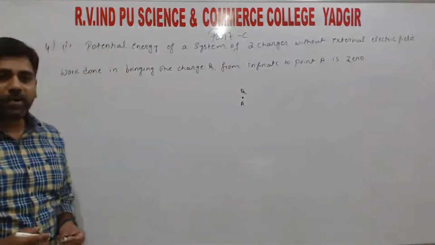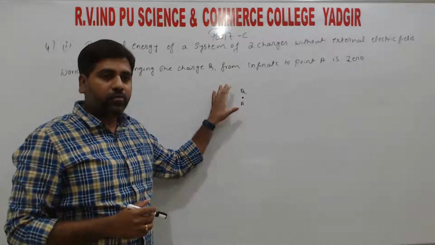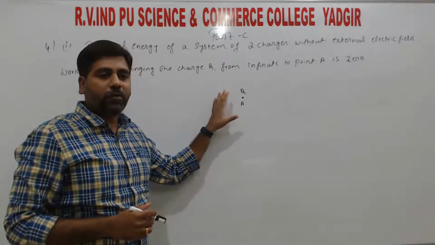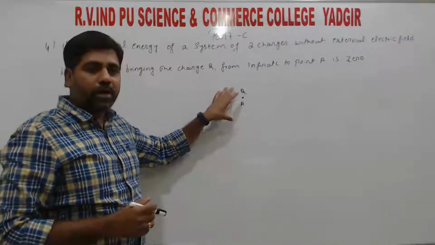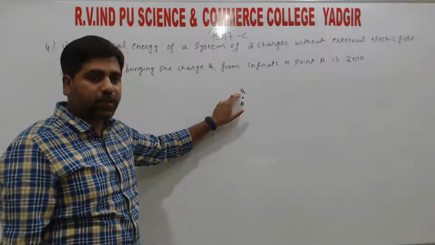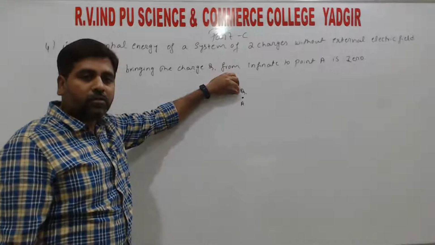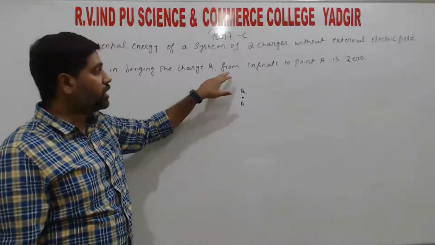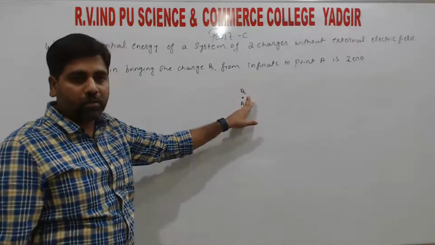Why 0? Because there is no external electric field. No external field means no force, and no force means no work done, since work done is force into displacement. The charge is displaced from infinity, but there is no external field. Hence there is no work done in bringing the charge Q1.